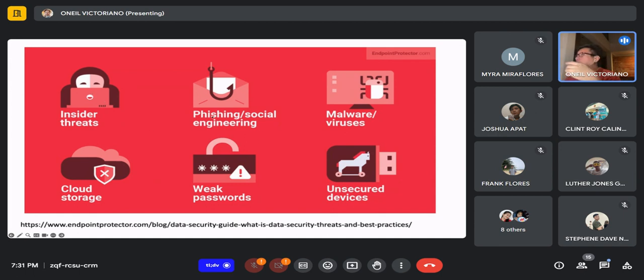There would be phishing or social engineering. There would be malware or viruses. There would be Trojan horses or unsecure devices, weak passwords, and cloud storage problems. So again, these are just examples of threats, and as examiners, you should be able to go back to your different threats.